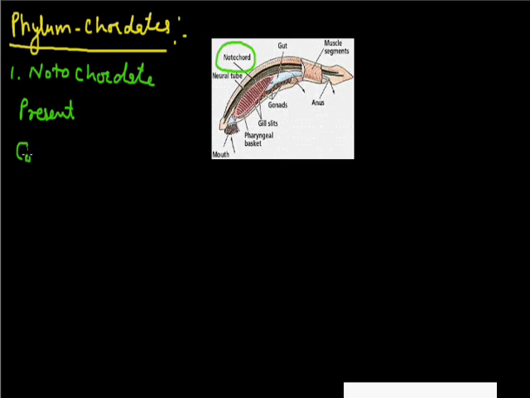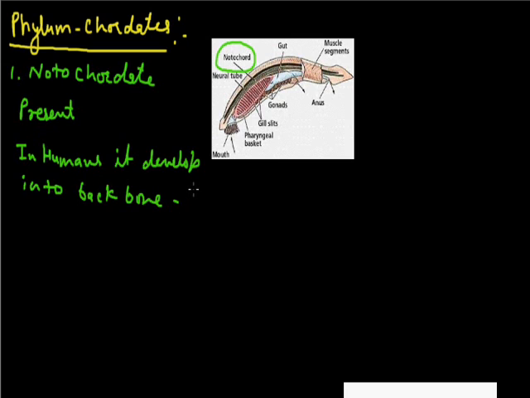In human beings, the notochord develops into the backbone. So we call it chordates. So humans are chordates.